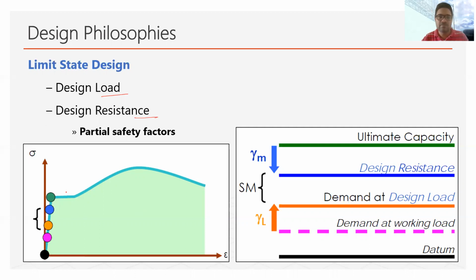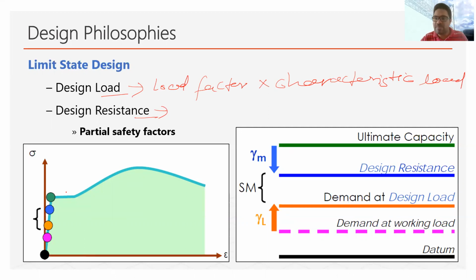Design load is calculated by multiplying the load factor with the characteristic load or the working load. And design resistance or design strength is calculated by dividing the maximum or yield strength of the material by some factor of safety.